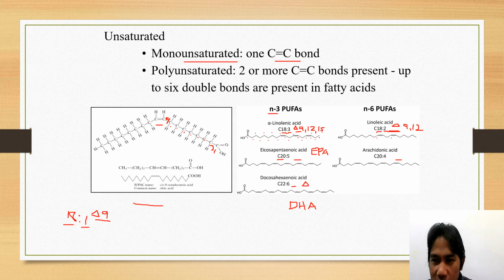And these two right here are the omega 6 fatty acids. If you are asked what the omega 6 fatty acids are, they are linoleic acid and arachidonic acid. What are the omega 3 fatty acids? Linolenic, EPA, and DHA.